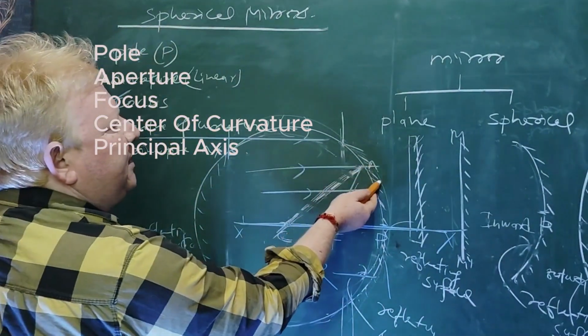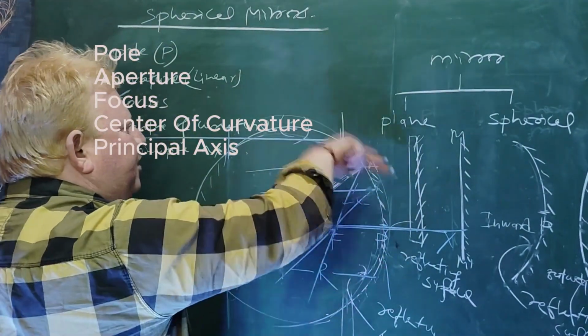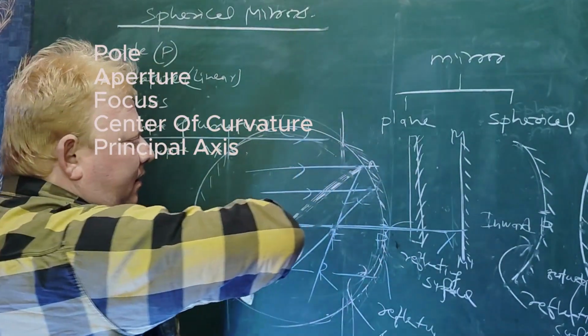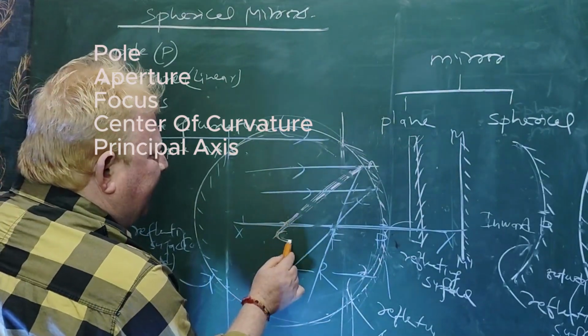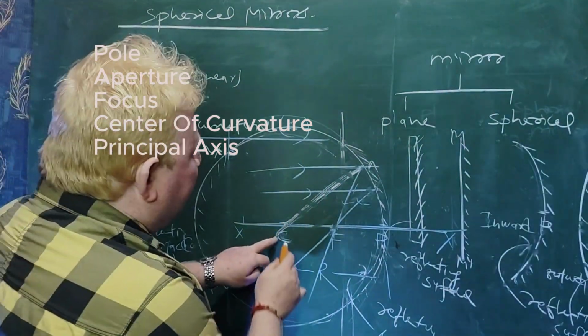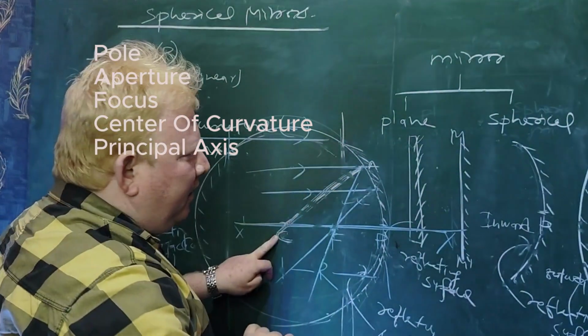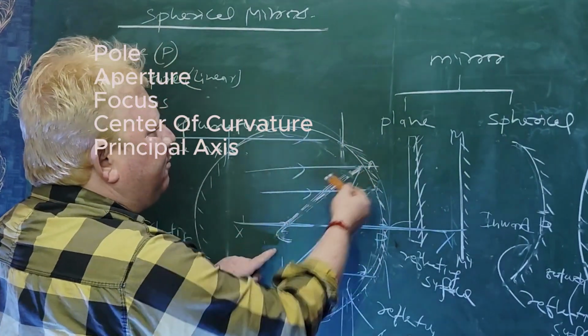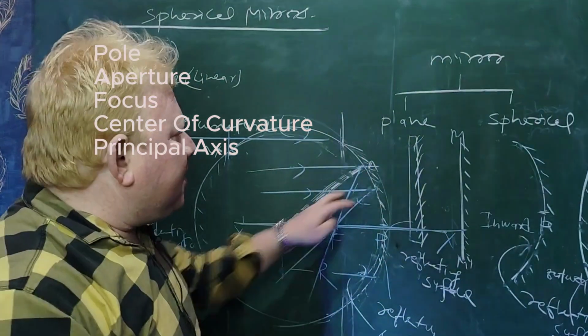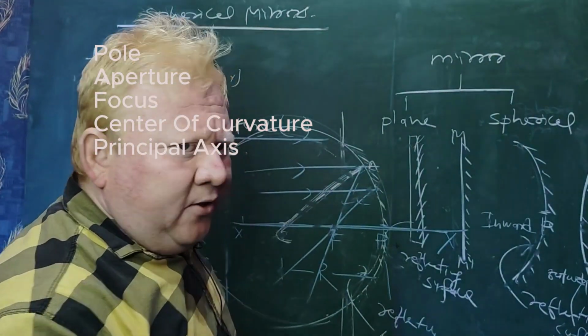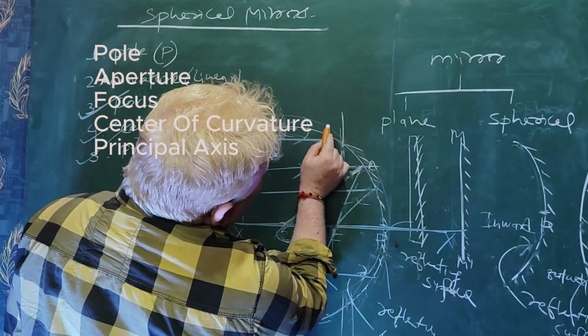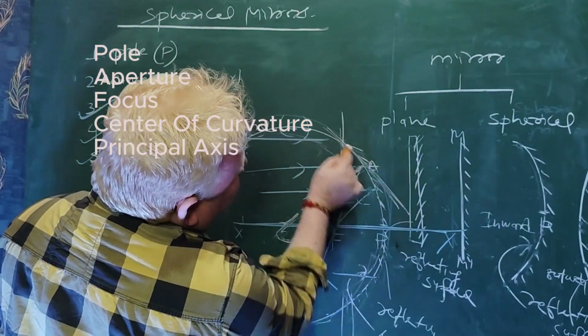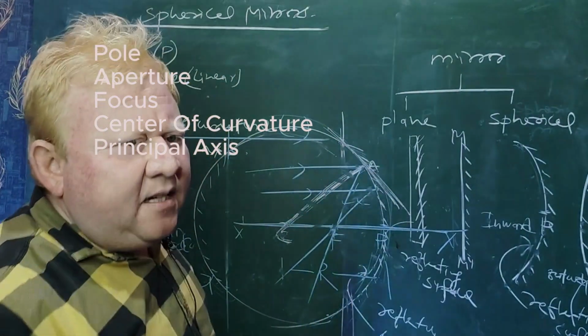If this concave mirror is a part of this hollow sphere and we are calling this point the center of this hollow sphere, then the line joining the center to any point on the circle is the radius, right? And the radius is perpendicular to the tangent.